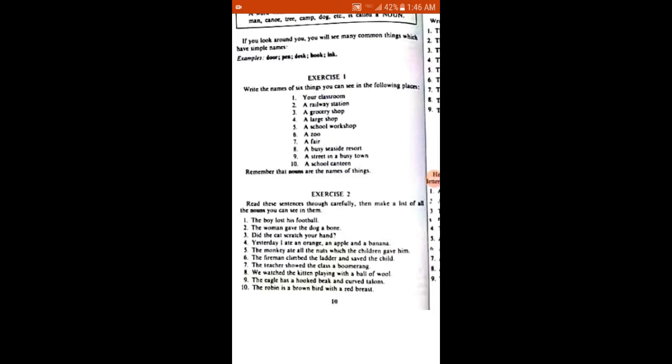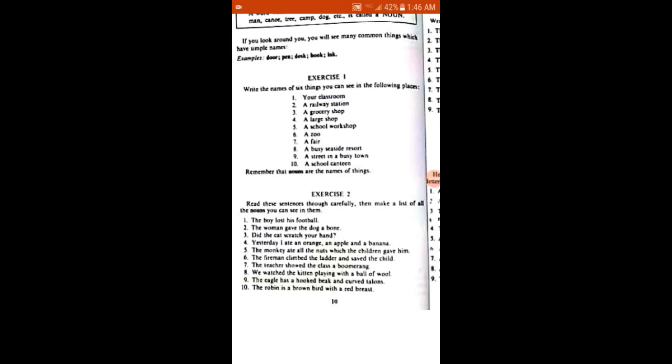In exercise 2, you have to read the sentences carefully, then make a list of all the nouns you can see in them. So you don't need to write this exercise in the copy. You will do this exercise in the book and you will not make a list. You just make a circle around the noun.